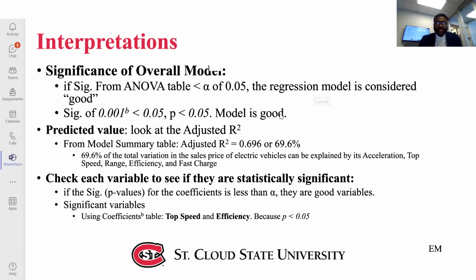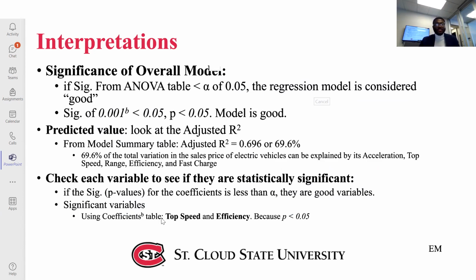Once you analyze and assert the first part of the interpretation, you move to the second part, where we assess the accuracy of the model. We do that using adjusted R-squared, as Rabina stated in the earlier parts of the presentation. From the model summary table, we can see that our adjusted R-squared is 0.696, or 69.6%.